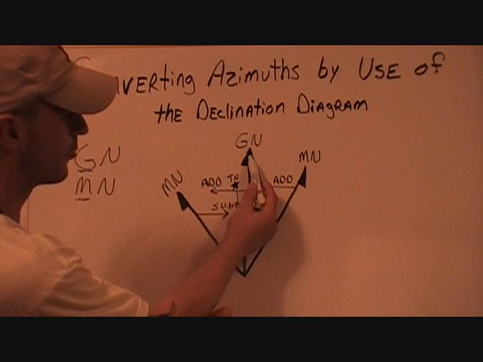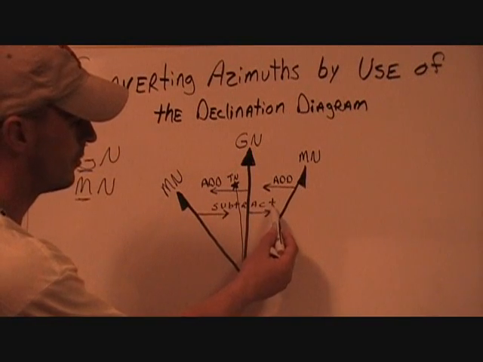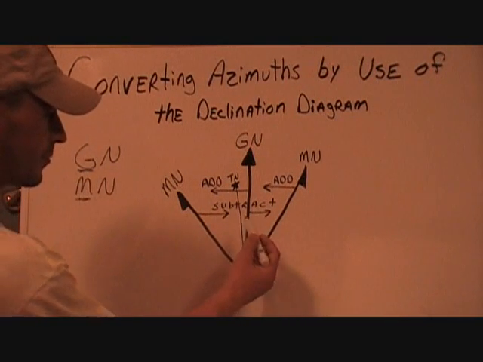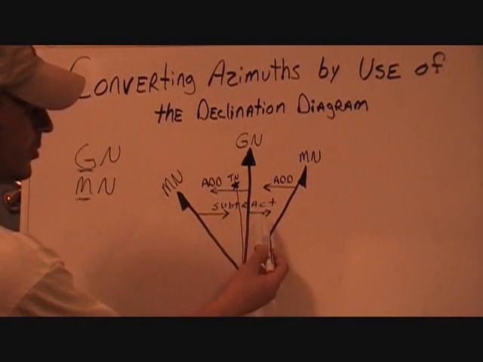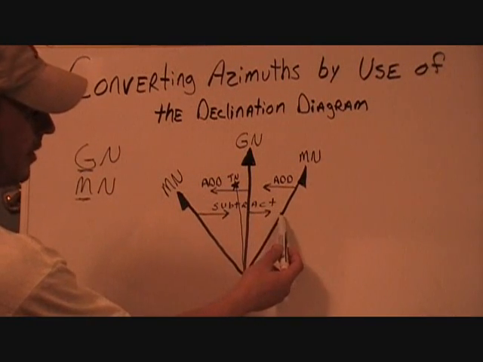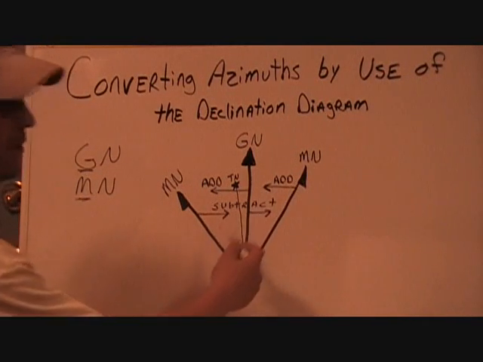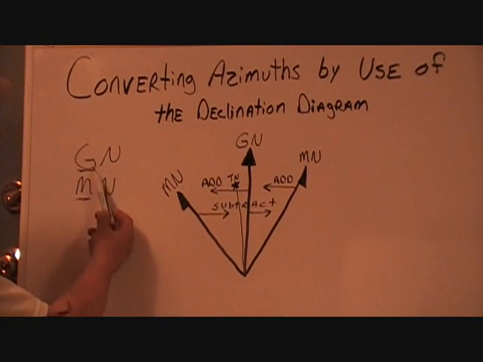If you're going to go from grid north to magnetic north, you're going to subtract whatever that degree is that they give you in there. So on the bottom you can see you're going to subtract going from grid to magnetic, then on the top you're going to add going from magnetic to grid. And that's exactly how I explained it in that last video, referring back to general and major.